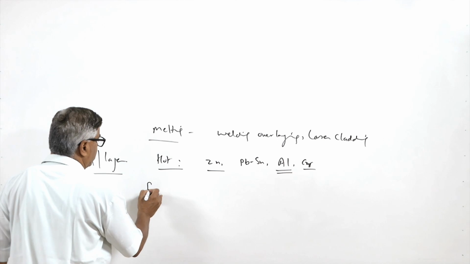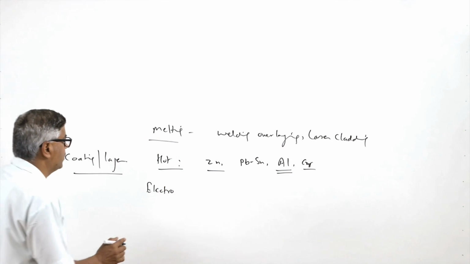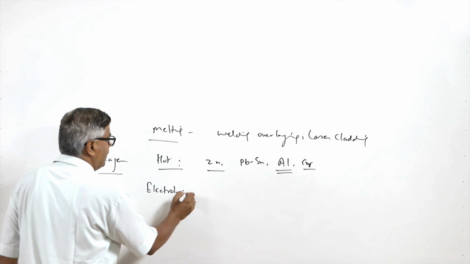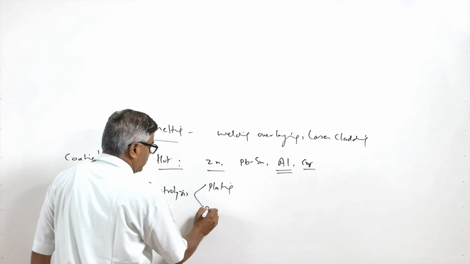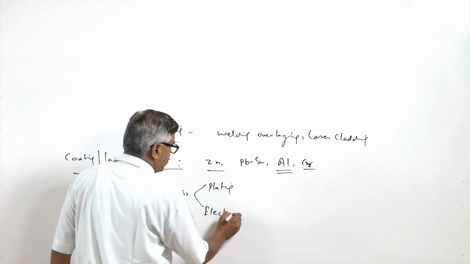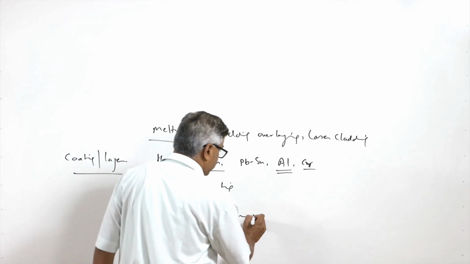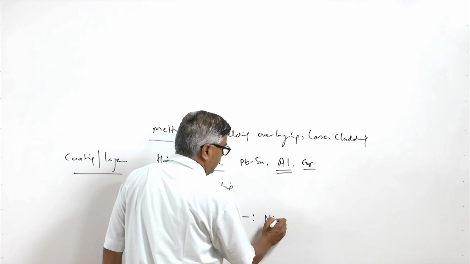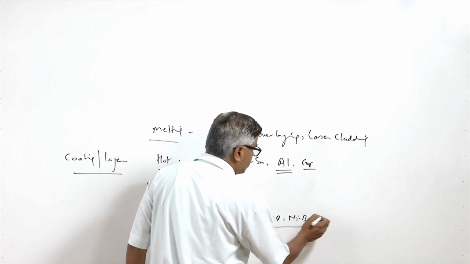Then we have electrolysis based methods. There are two broad categories of electrolysis based methods. One is where electroplating is carried out, and another is where electroless coating is carried out. In electroless coating, basically nickel phosphorus and nickel boron kind of compounds are deposited.